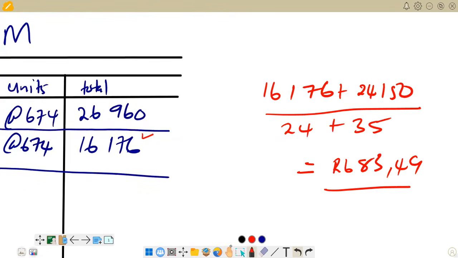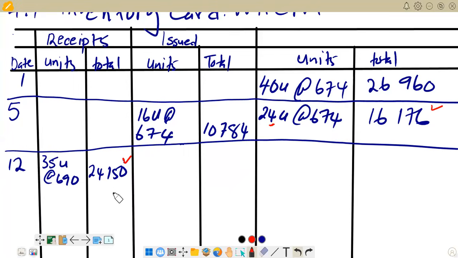So we go back then now to see what we can do there. It means that after these receipts, we are going to have 35 plus 24, which is 59, which means we now have 59 units. We calculated the average and found that it's 683.49.